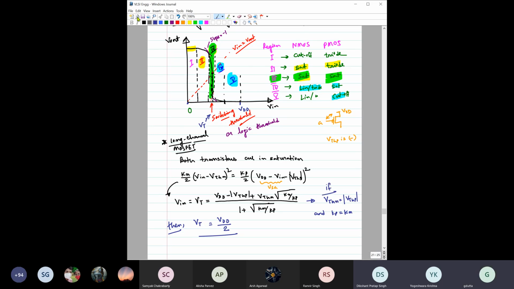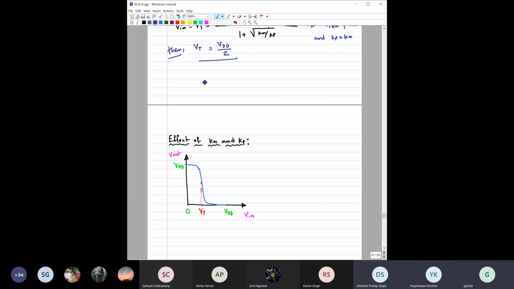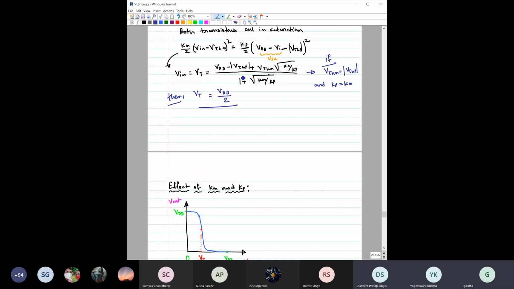Okay, you have seen this, but let us now discuss what would be the effect of Kn and Kp. Let us say that the threshold voltage of the N-channel MOSFET and the threshold voltage of the P-channel MOSFET, you are able to make them equal. No issue in that.